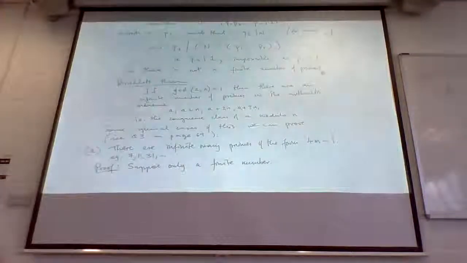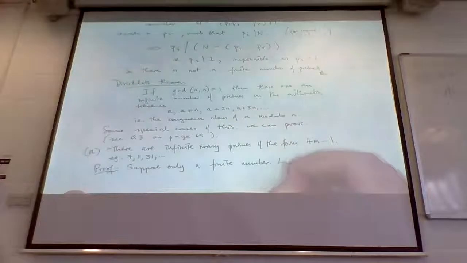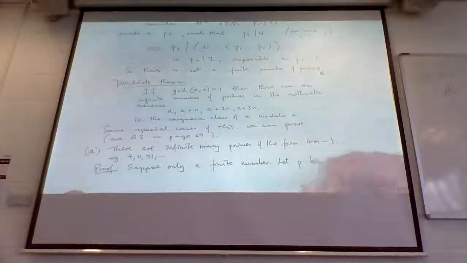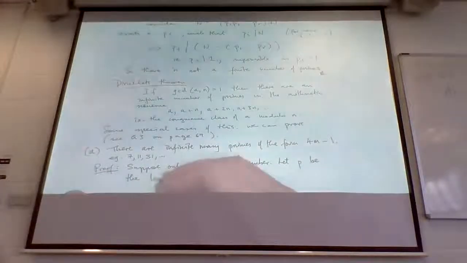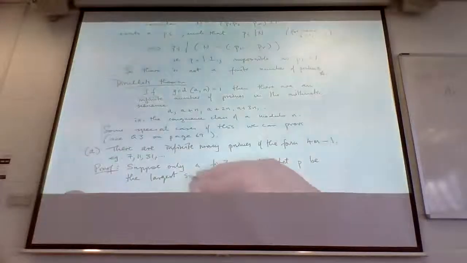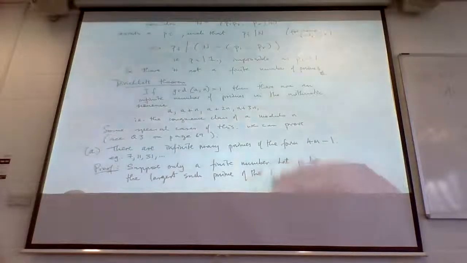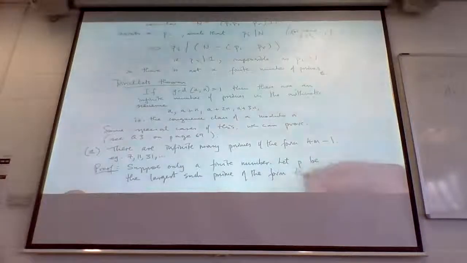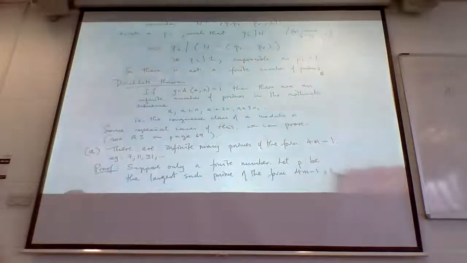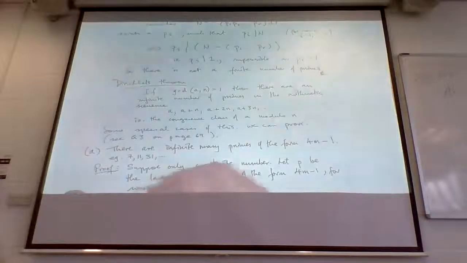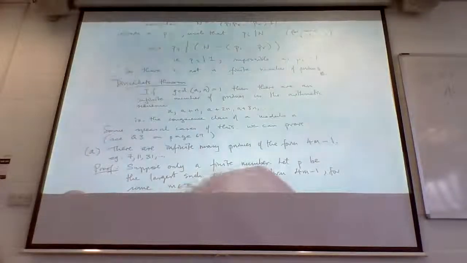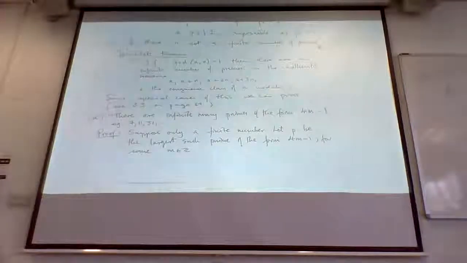If there's only a finite number, then let p be the largest such prime of the form 4m minus 1. If there's a finite number of them, we can talk about the biggest one.